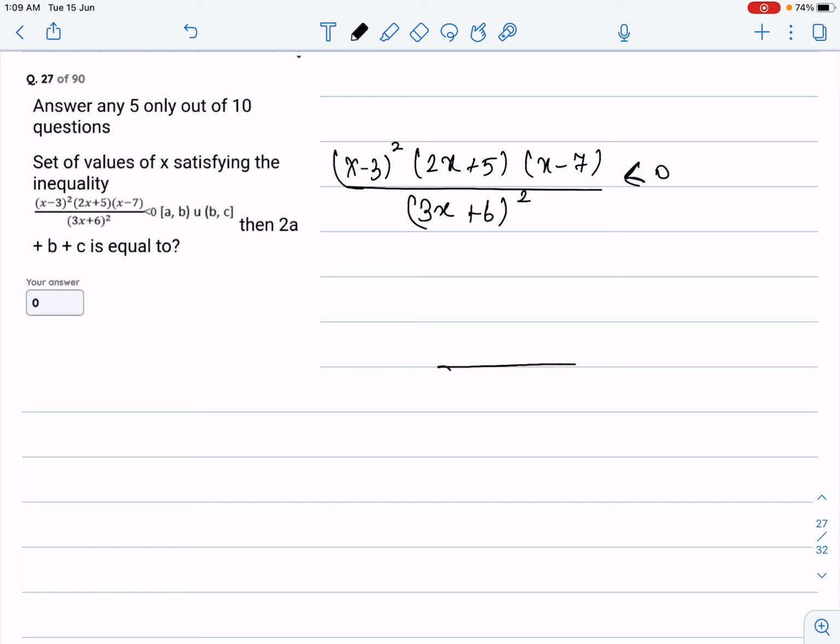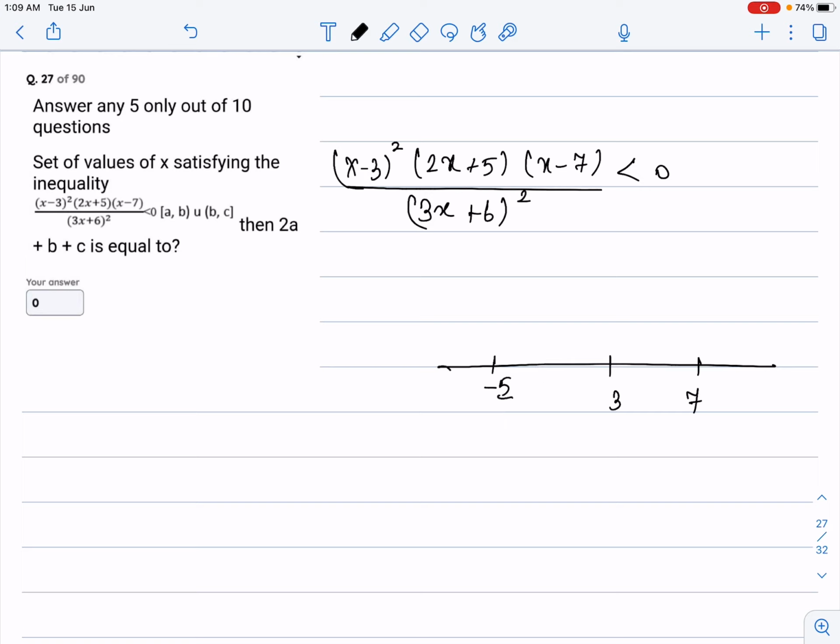Okay, because it is less than, not equal to. Less than or equal to is not given, only less than is given. So after plotting critical points, what are all the critical points we would get over here? 7 is one critical point, 3 is another critical point, then minus 5 by 2 is another critical point, and minus 6 by 3, that means minus 2 is another critical point.